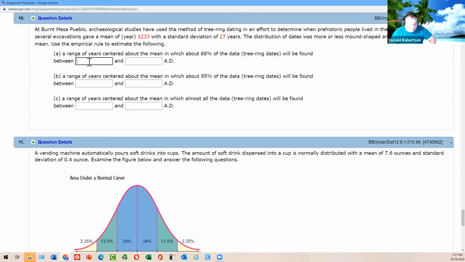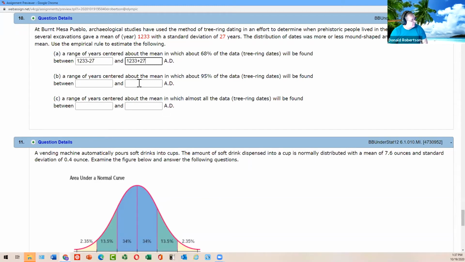Well, isn't 68% 1,233 take away one standard deviation, and then add one standard deviation, and then whatever that comes to is your range.